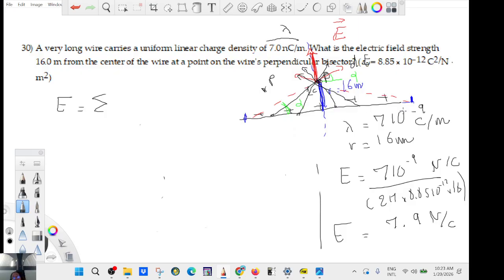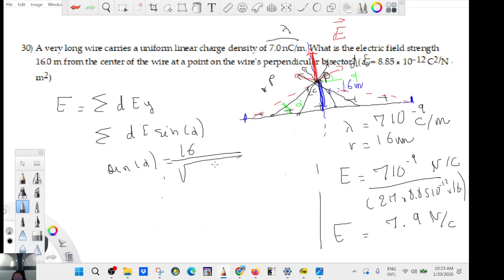So you scan through. It's the sum of all the little y components, because the x components cancel out. So that's the sum of the dE times sine alpha, and sine alpha is opposite, which is 16, over the hypotenuse, the square root of 16 plus x squared.